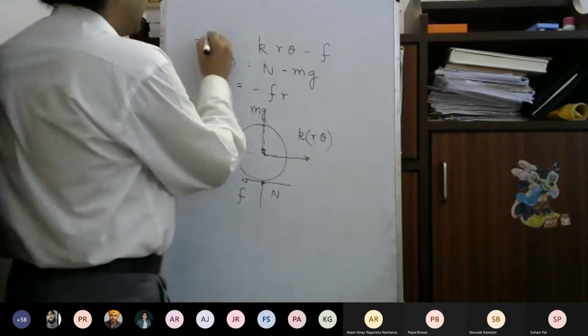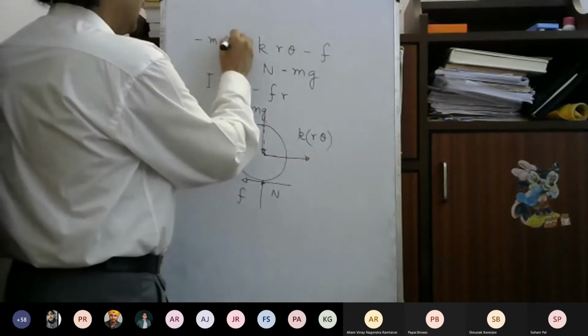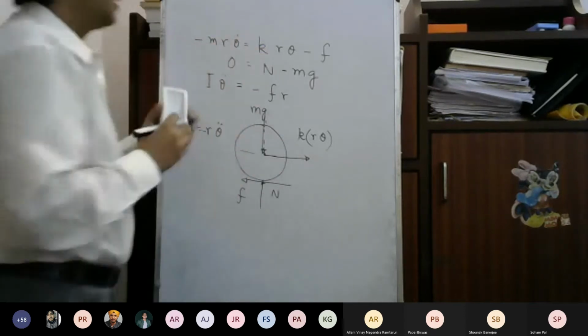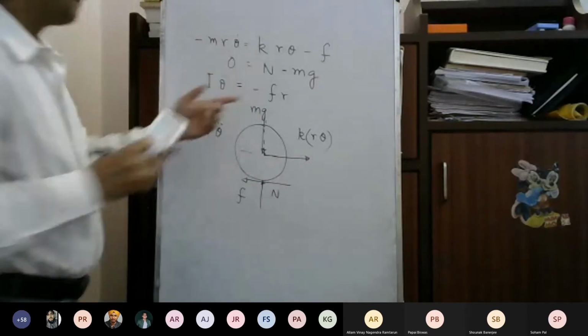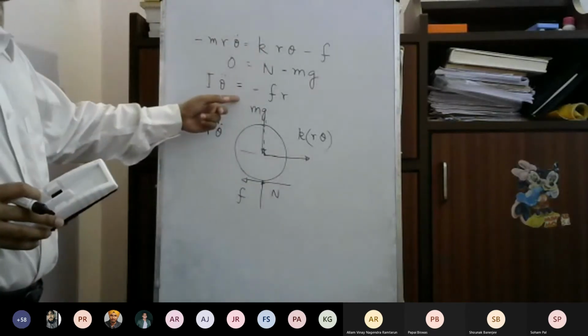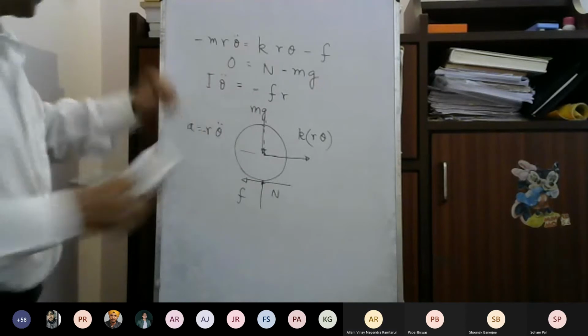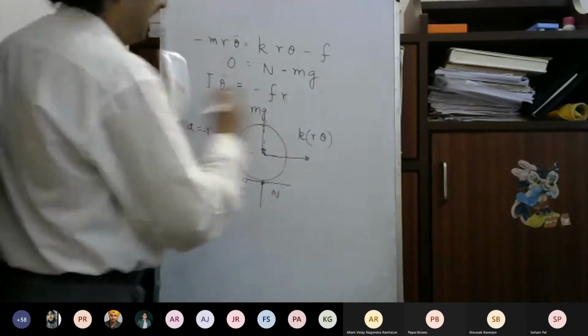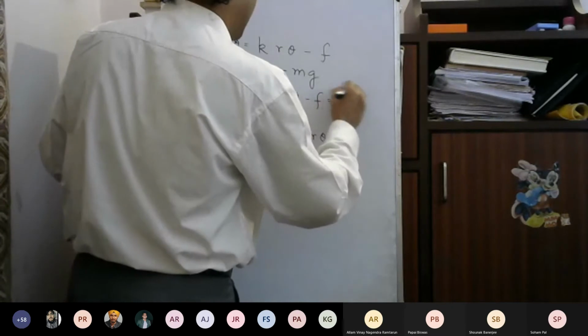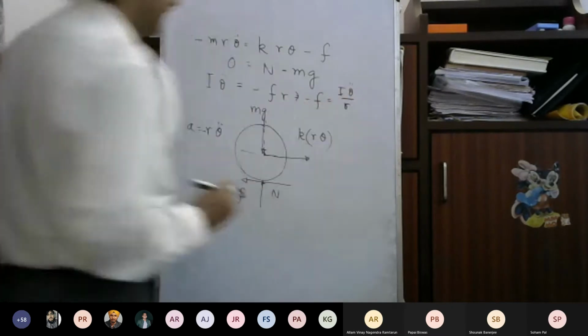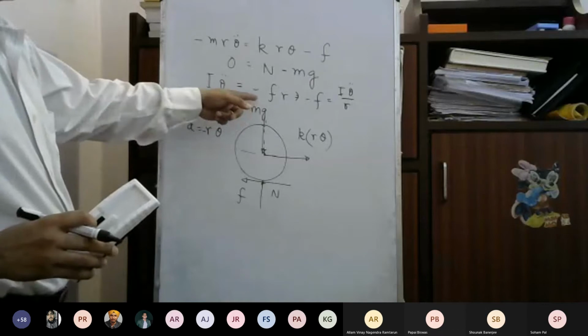Okay. So this becomes m r theta double dot equal to k r theta. Is this part clear to you? Okay. And then, from here I get minus f equal to I theta double dot by r, right?